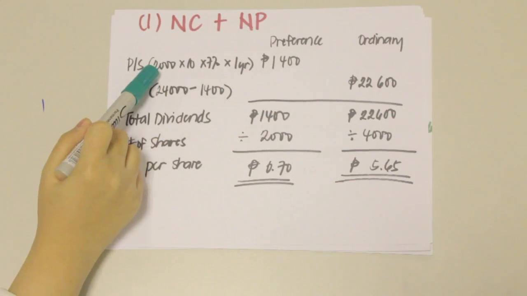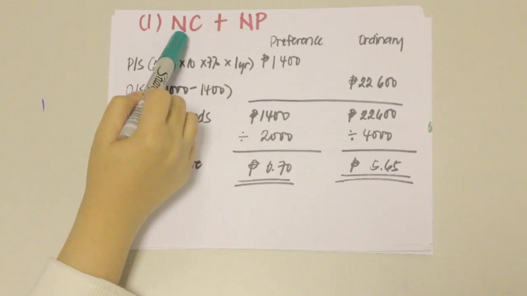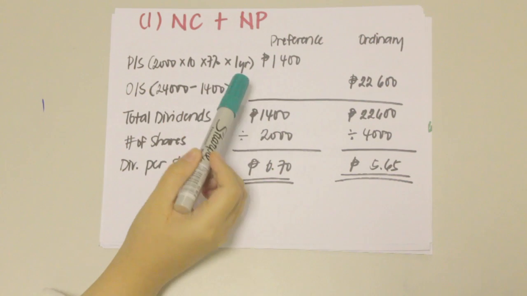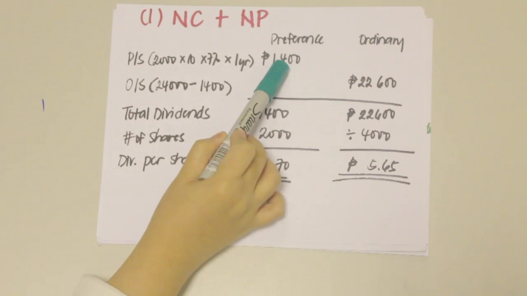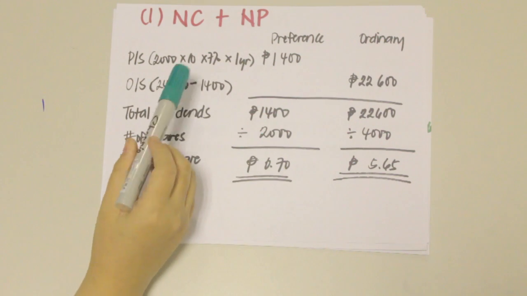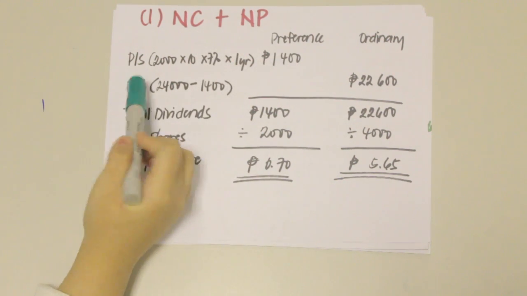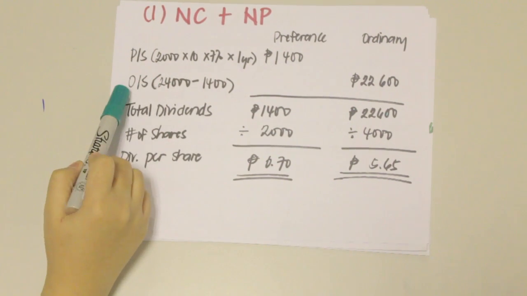Issued and outstanding shares. Since the preference shares are non-cumulative, you only provide for the dividends in the current year. So you multiply it by 1 year, and you get 1,400. Since it's non-participating, all the remainder of the 24,000 cash dividends would go to ordinary shareholders.